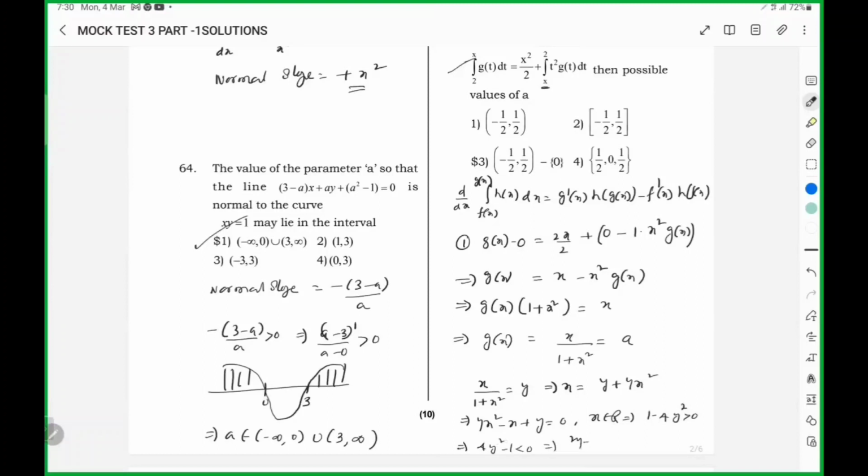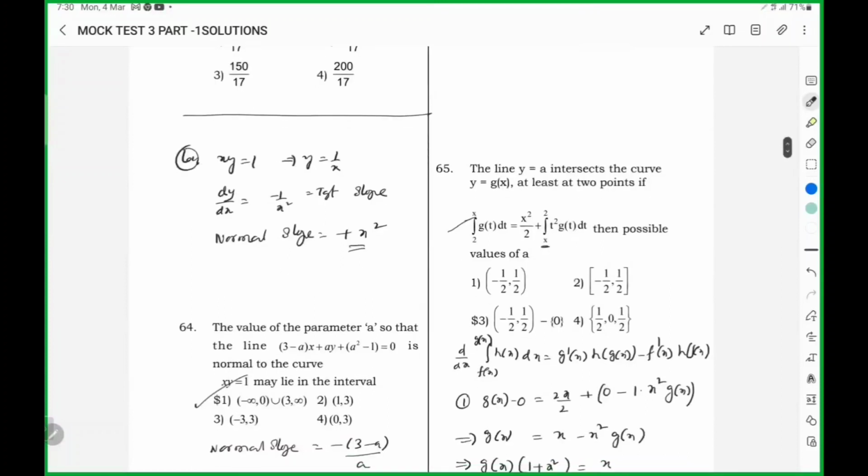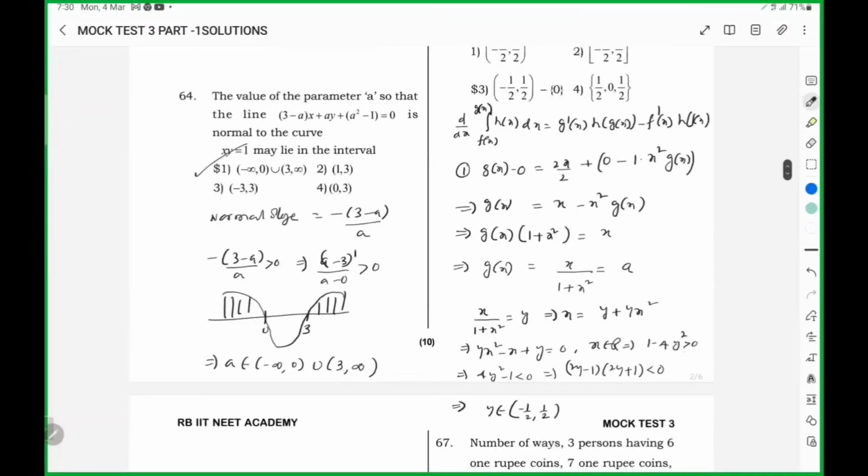So 2y minus 1, 2y plus 1 is less than 0, which implies y lies between minus half and half. Actually greater than or equal to 0, so it should be closed to half.